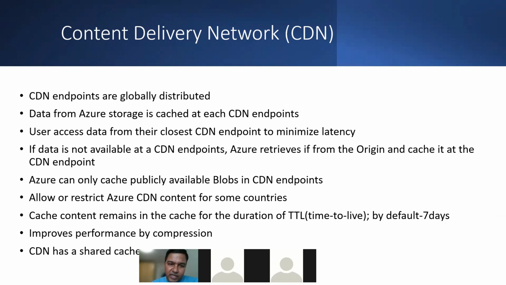So CDNs are basically endpoints. There are many endpoints globally distributed. There are many companies who actually provide CDN services. They keep various endpoints at various places. Because of that, on 8th June 2021, the blackout of certain news channels happened because of a company called Fastly or something.